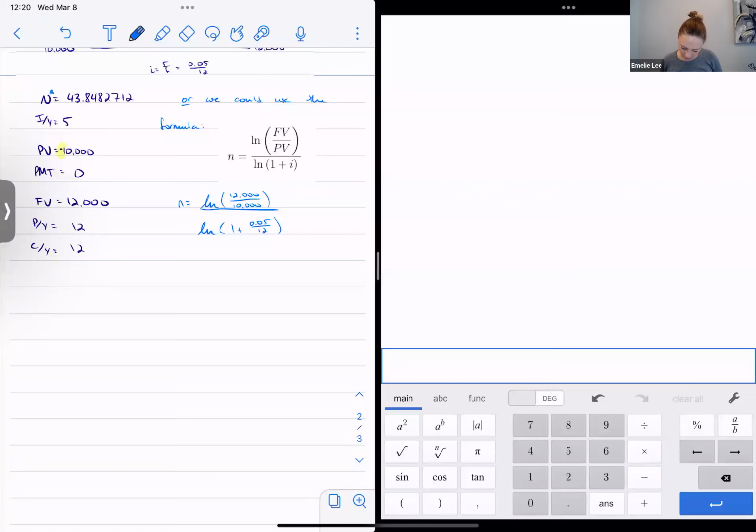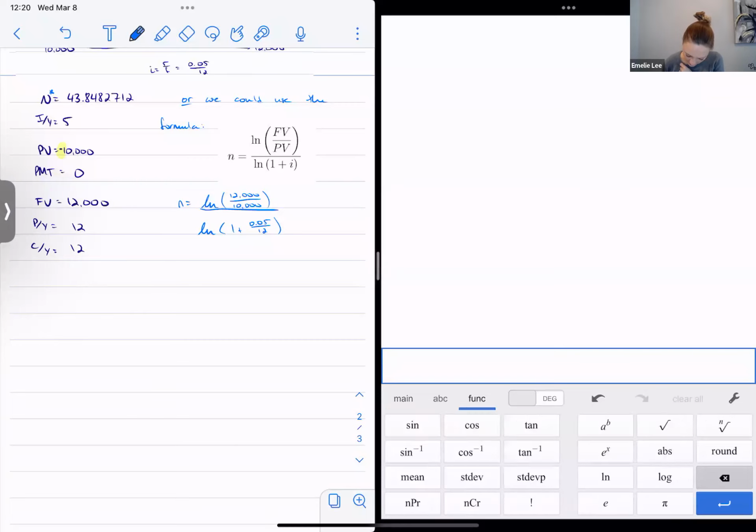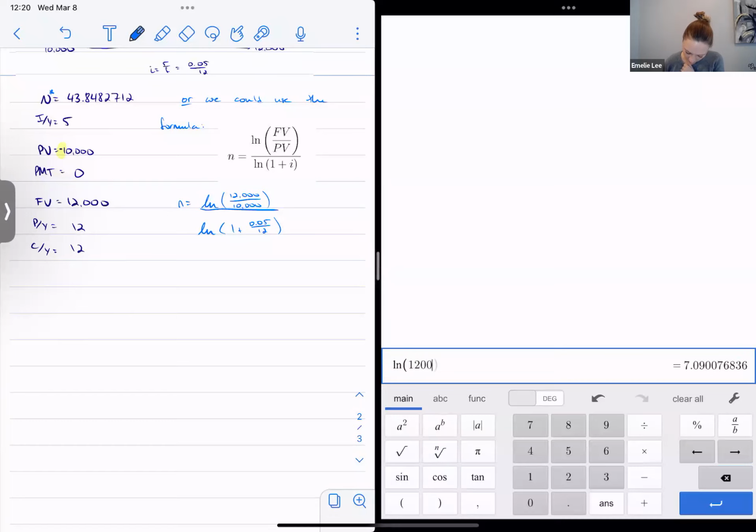I'm going to do it all in one go. So in the function, there's the ln, okay? And I want 12,000 divided by 10,000.